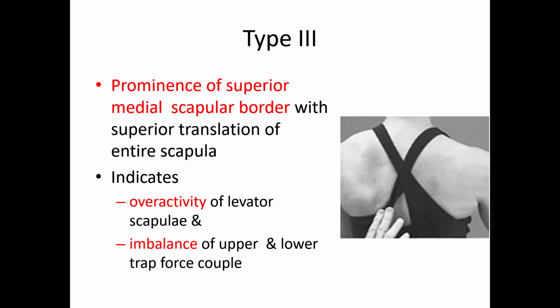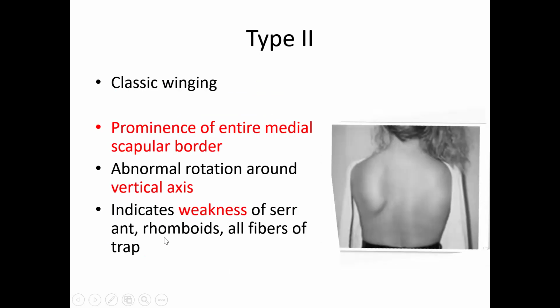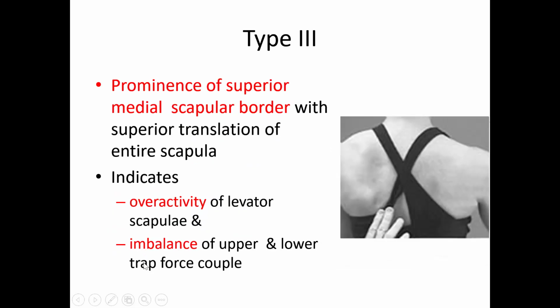So the superior medial border is prominent. If we summarize these types: in type 1, there is only prominence of the inferior medial scapular border; in type 2, prominence of the entire medial scapular border; and in type 3, there is only prominence of the superior medial scapular border.